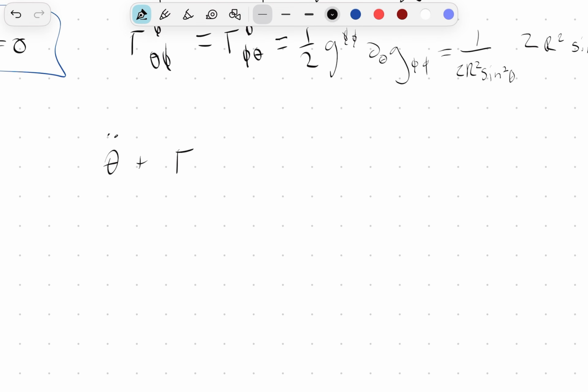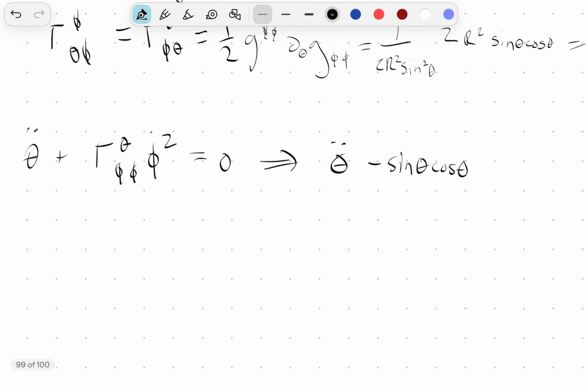theta double dot plus the Christoffel symbol here from our non-zero connection coefficients, and that should be equivalent to 0, so that therefore theta double dot is equivalent to sine theta cosine theta times the azimuthal velocity squared there, and then we'll do the same thing.